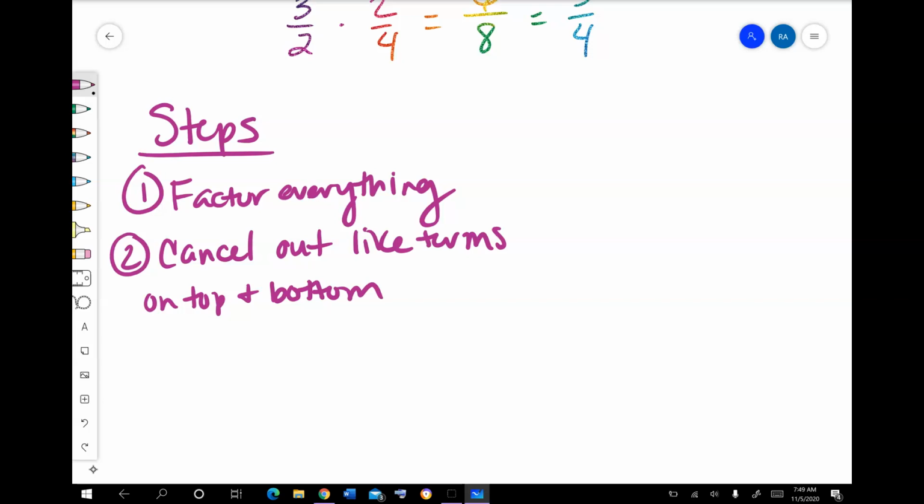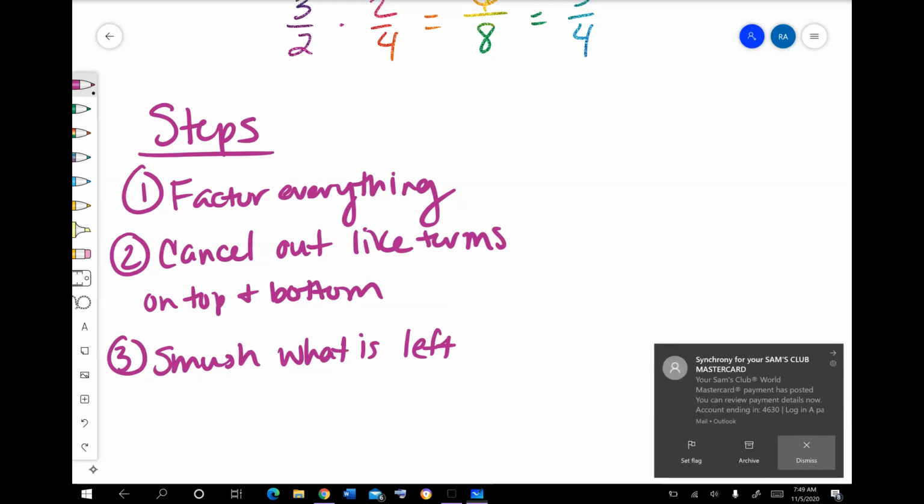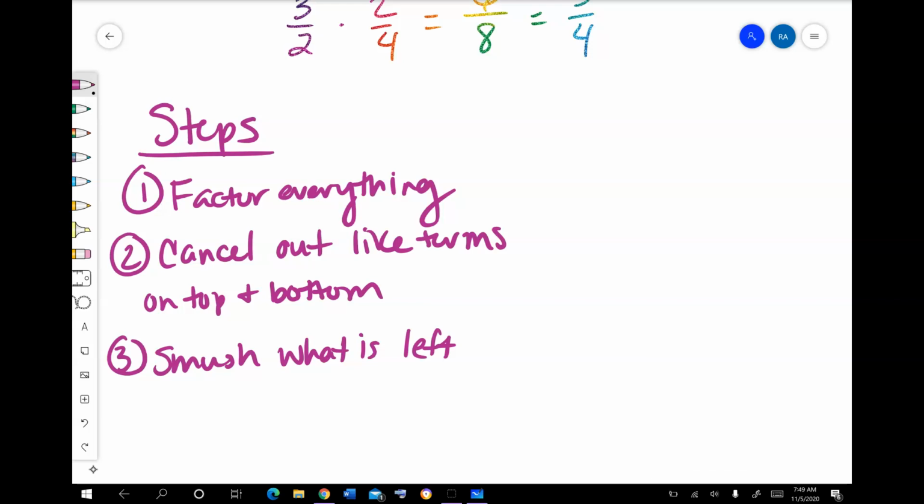Okay, and then last, you want to smush what you got left, and that is your answer. Excuse me. Okay, so 3 steps is all we got. Dividing is going to add.